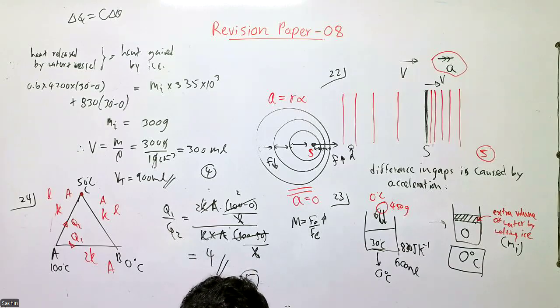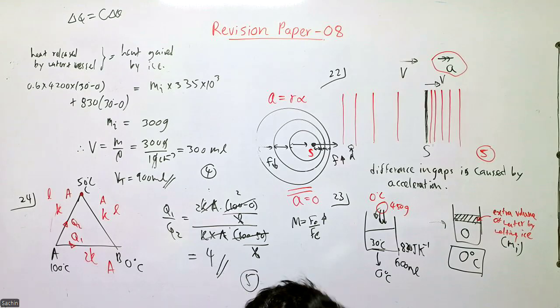So if the magnification happens, the angular magnification should always be greater than 1. In both cases, it should be greater than 1. So C is also incorrect. So A is correct, B incorrect, C incorrect. Answer is the first one.